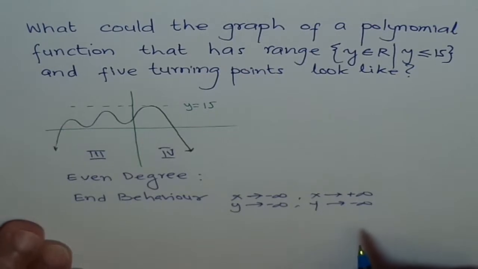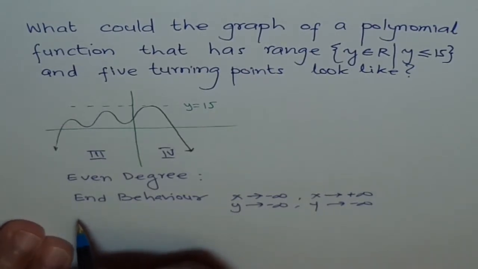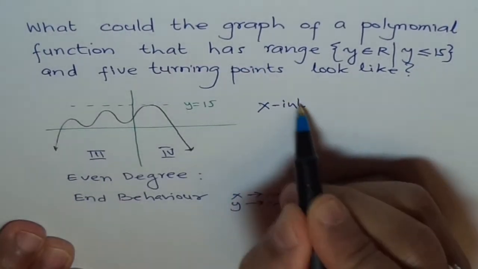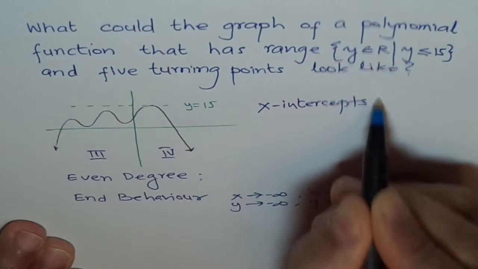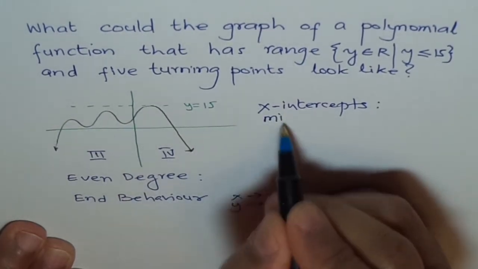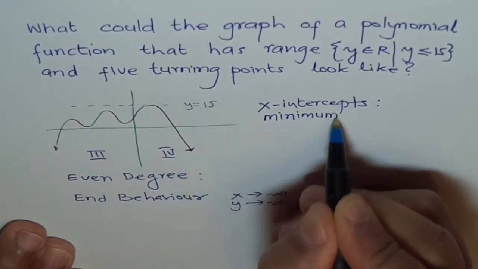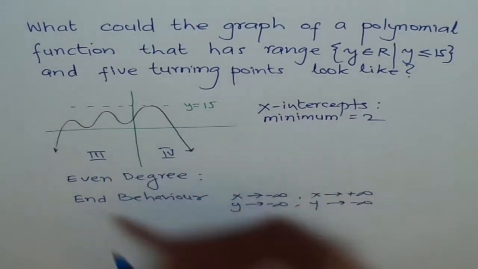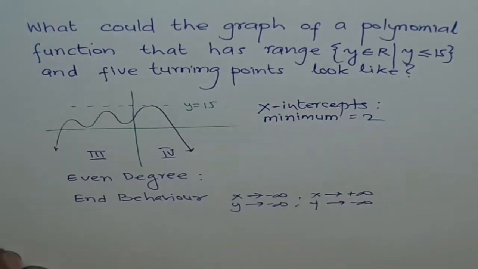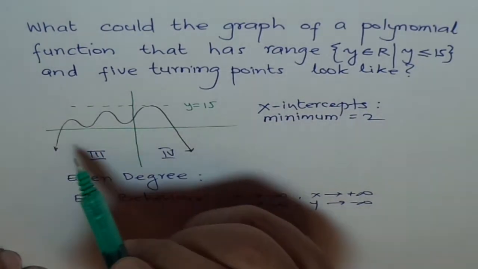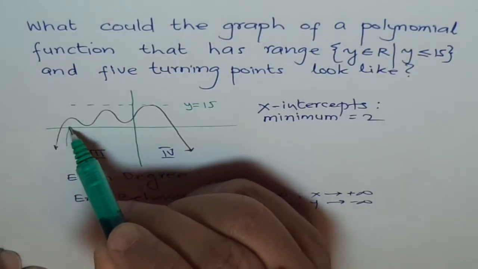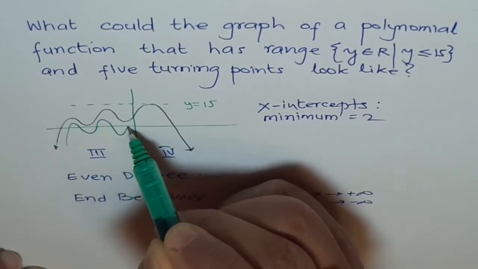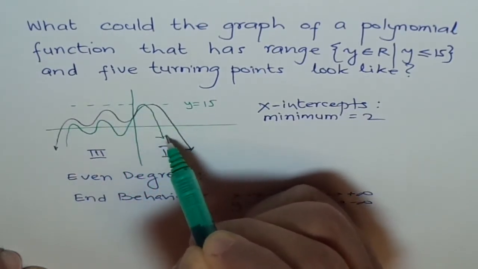Now, let's also look into x-intercepts. Let me write x-intercepts here. Minimum is 2, right? How about maximum? Well, think about bringing all these things down, then we could have a graph which could be something like this. 1 turning point, 2 turning points, 3 turning points, 4 turning points, and we go up to the maximum and come back.